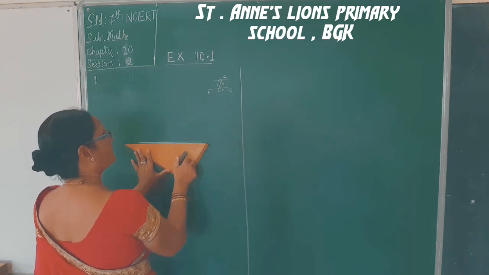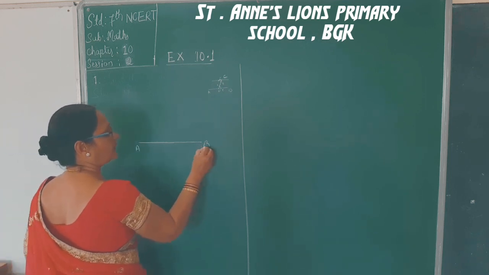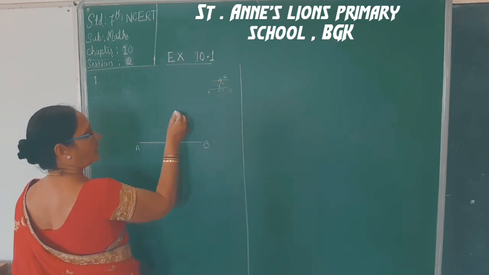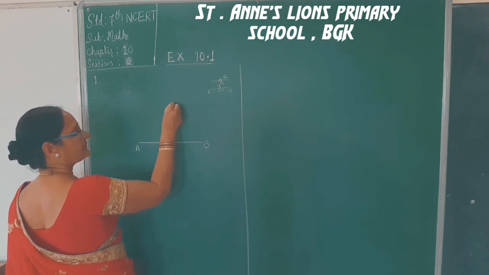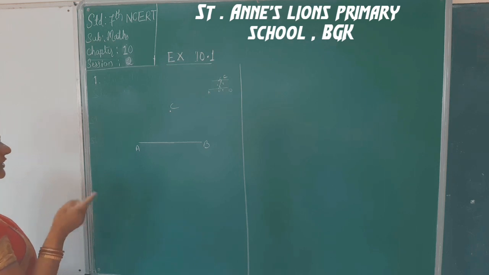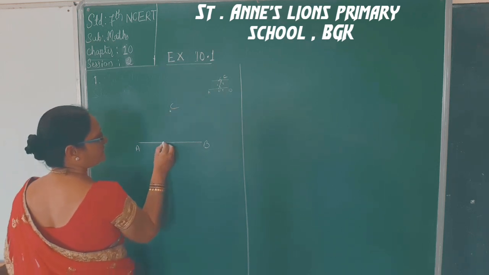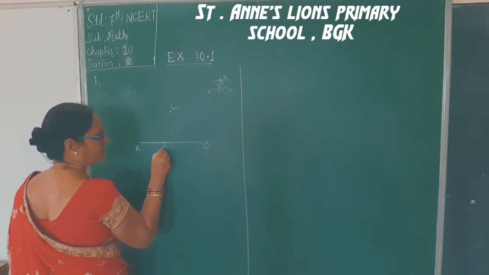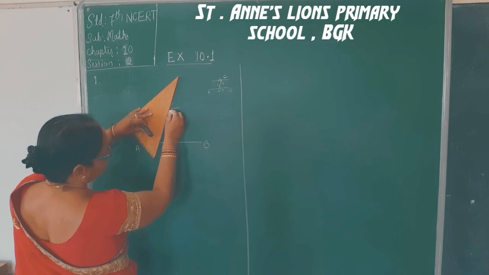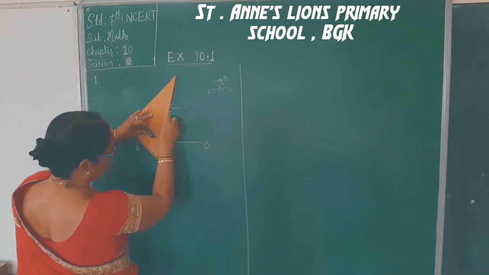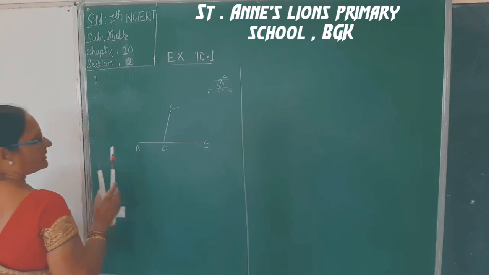Now take a point C outside AB. Now I choose one point D on AB. What is the next step? I have to join CD.